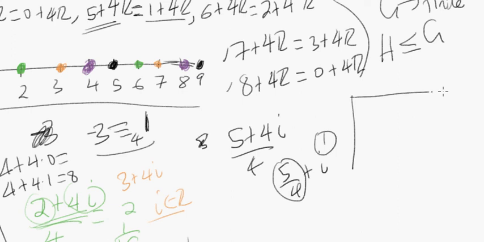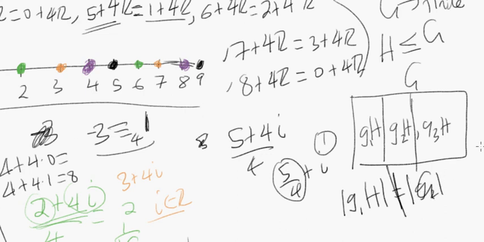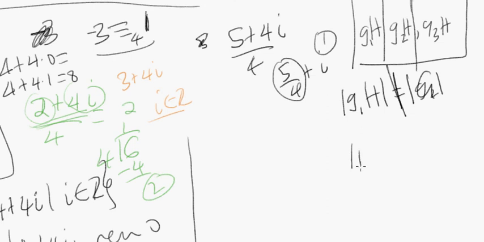We'll be able to partition our group G, writing it like g1H, g2H, g3H, and maybe 3 partitions. And since each of the giH's has the same cardinality, we'd be able to conclude that the cardinality of g1H divides the cardinality of G, which would enable us to conclude the cardinality of H must divide the cardinality of G.